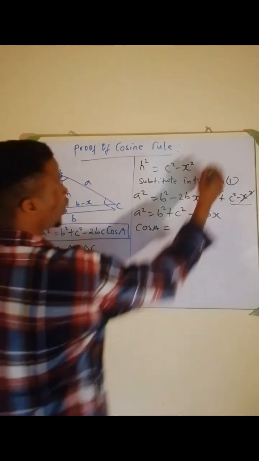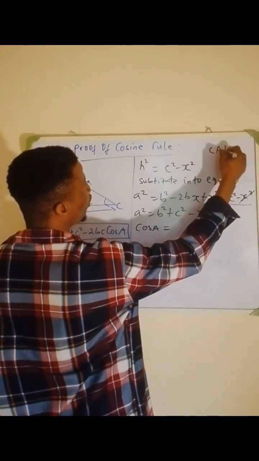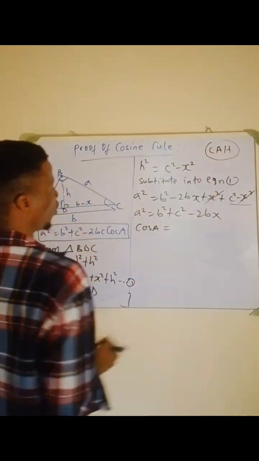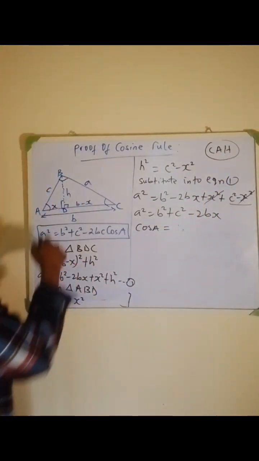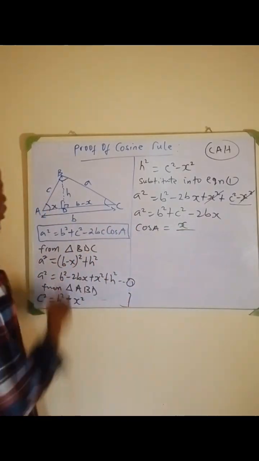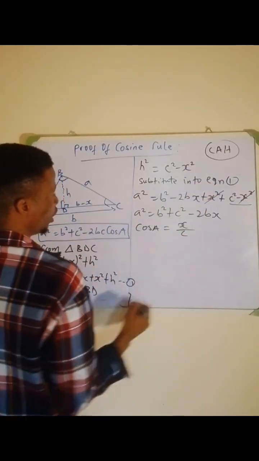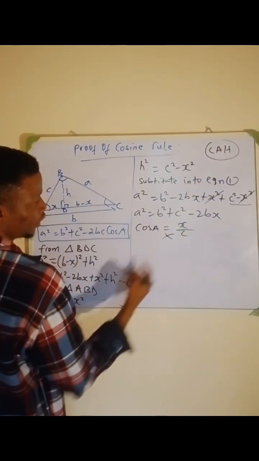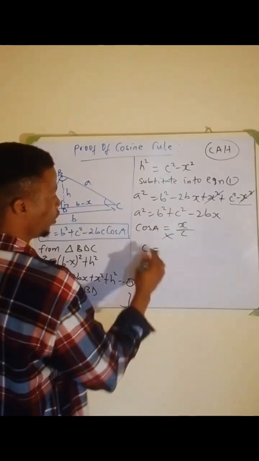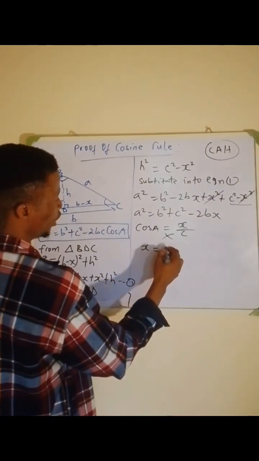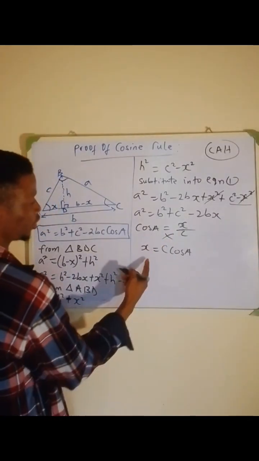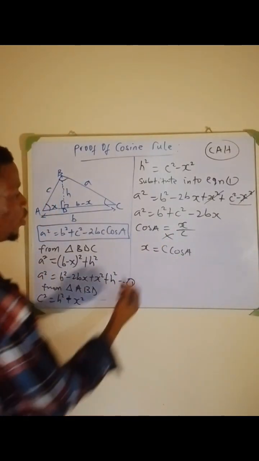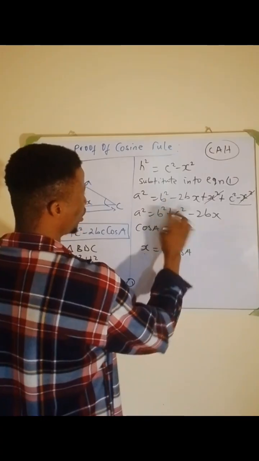Cos A will be adjacent over hypotenuse. The adjacent here is x, over the hypotenuse, which is c. If you cross multiply, x equals c cos A. So you know the value of x, and you now substitute into this equation.